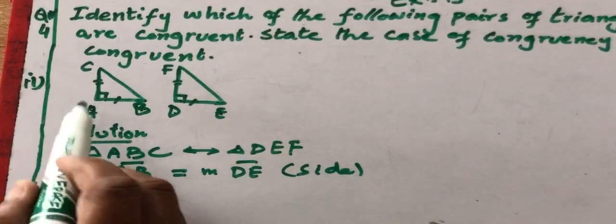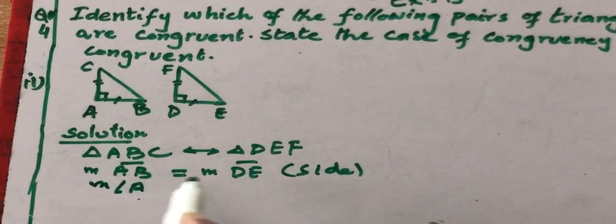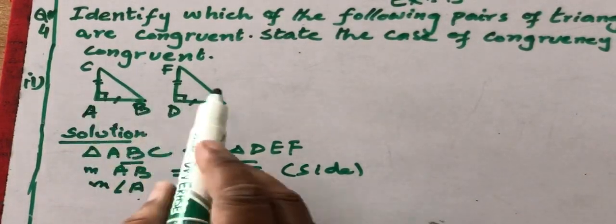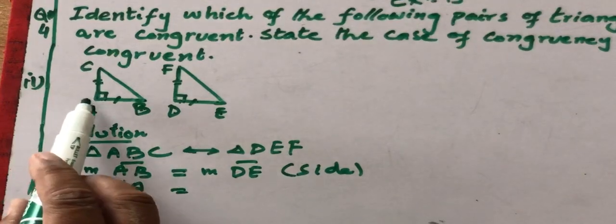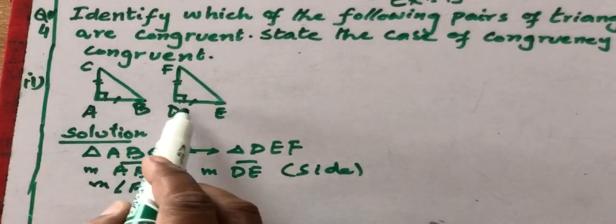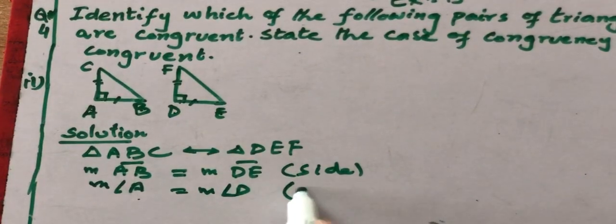Now we take the corresponding angles. Angle A is of 90 degrees and angle D is also of 90 degrees. So we can say that angle A corresponds to angle D, which are equal to each other. So it is an angle.